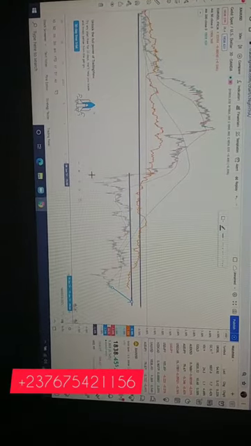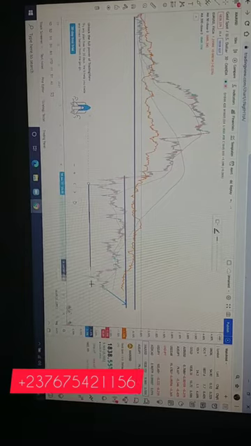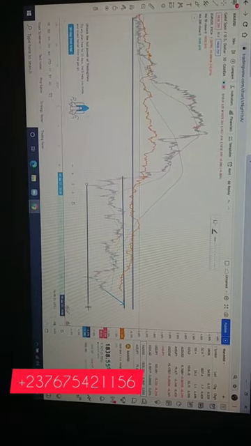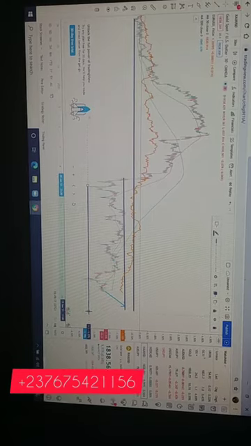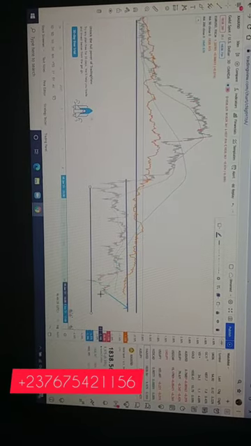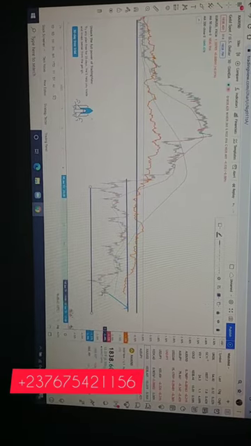Let me say it went down and stopped somewhere here. You can decide and put your stop loss somewhere here, because it can still come down and touch this line before going up. That's where we choose our stop loss.